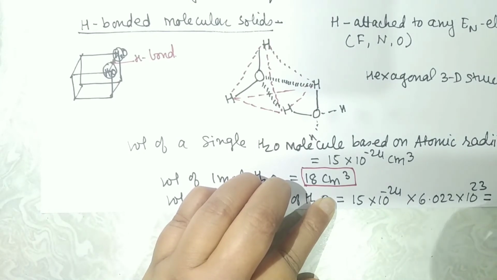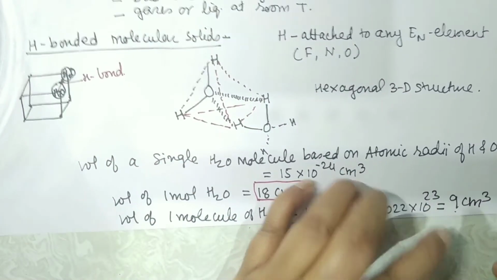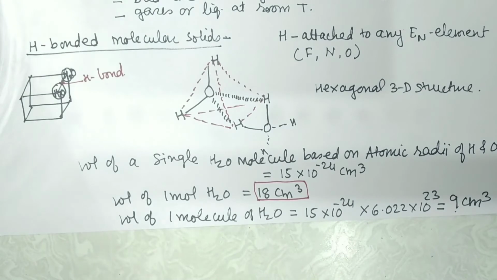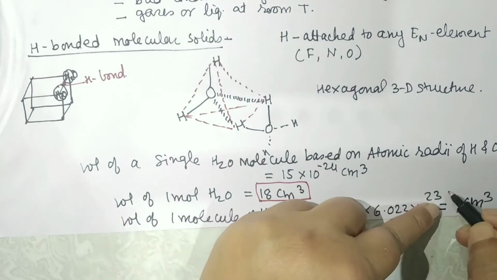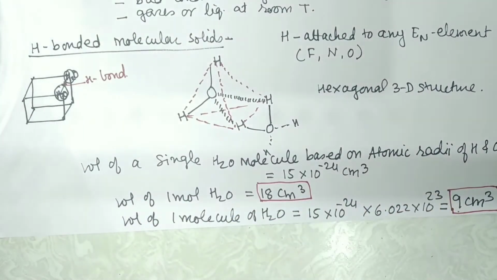If you calculate, this comes out to be 9 cm cube. Now the actual volume is 18 cm cube, but the crystallographic studies have revealed that it is only 9 cm cube. Means 50% of the structure is hollow from inside, it is vacant.